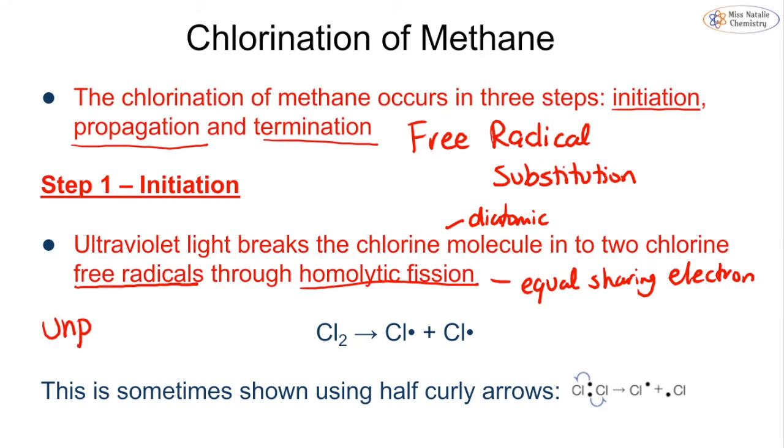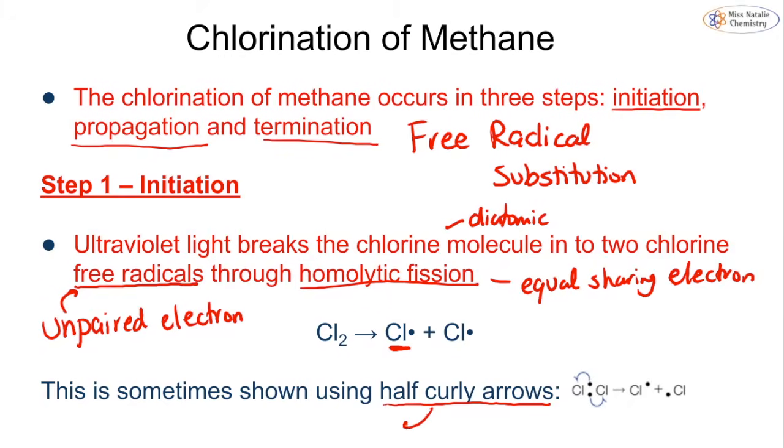And a free radical species simply means it has an unpaired electron. And we term it using this notation here. So we write the symbol and we write a dot next to it. And sometimes we can show this using something called a half curly arrow. Now you're going to learn about curly arrows in much more detail when we look at other mechanisms, but curly arrows simply show the movement of electrons.